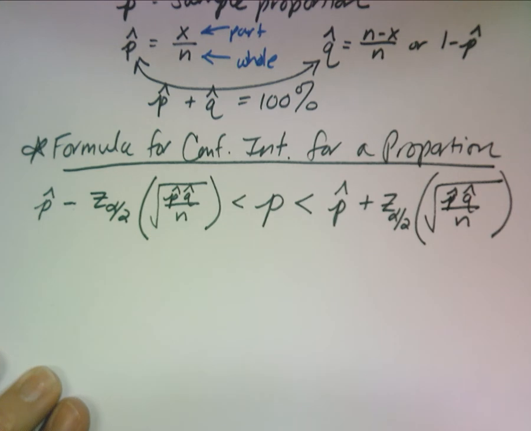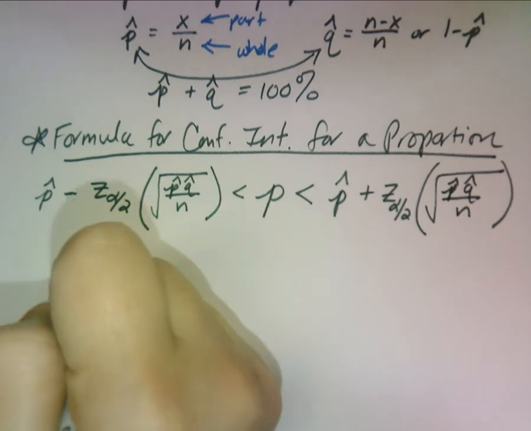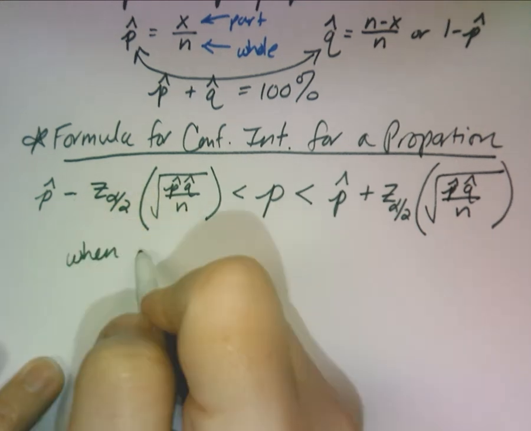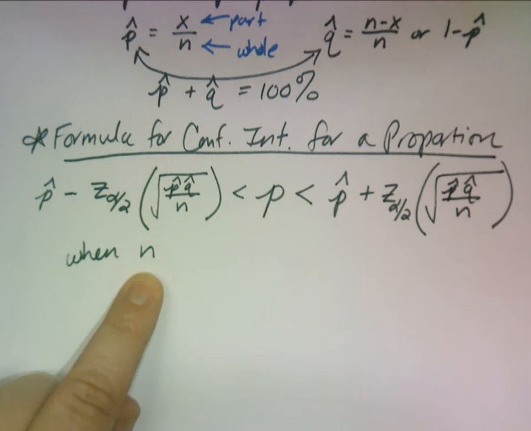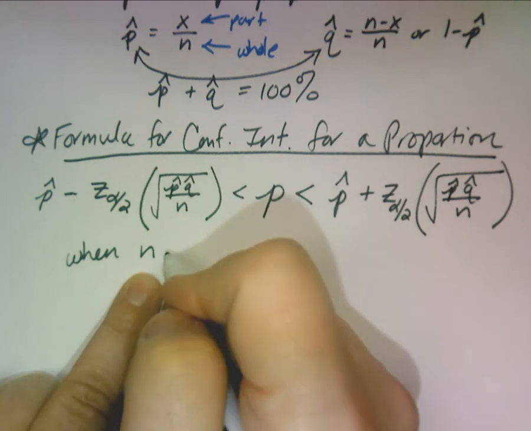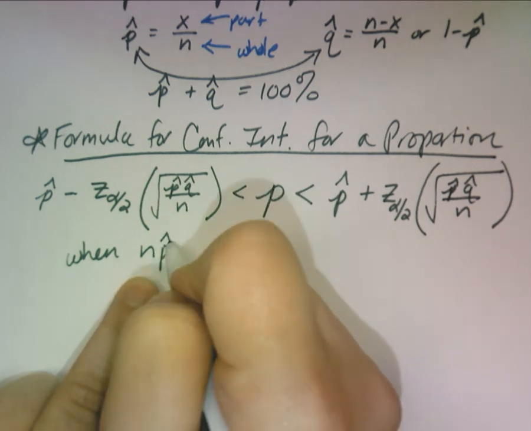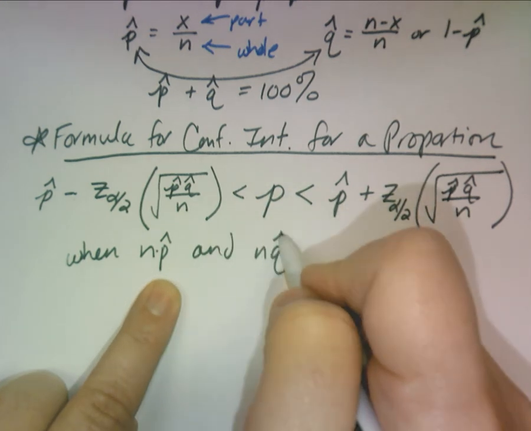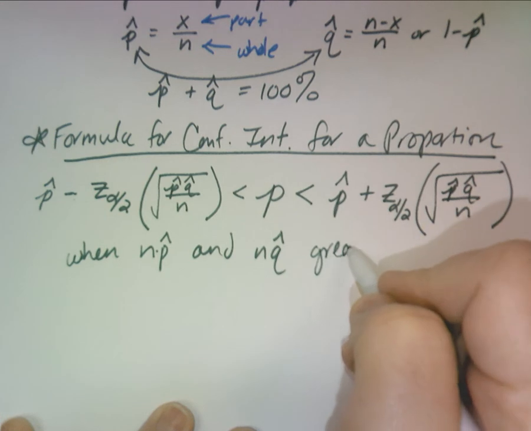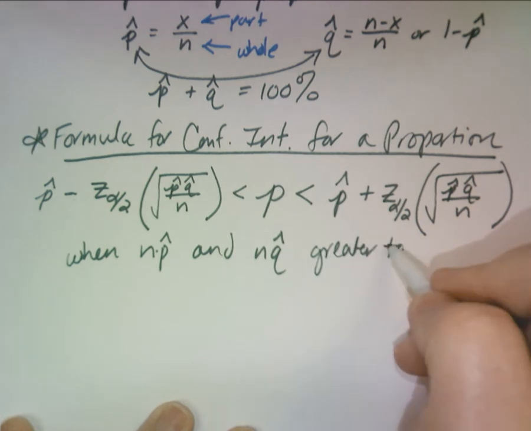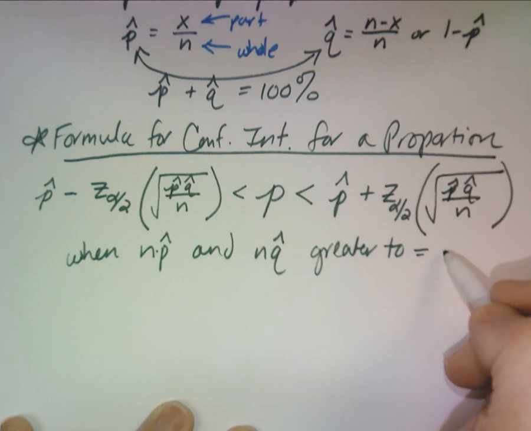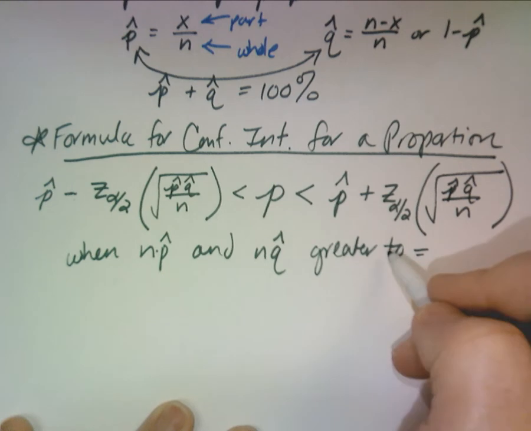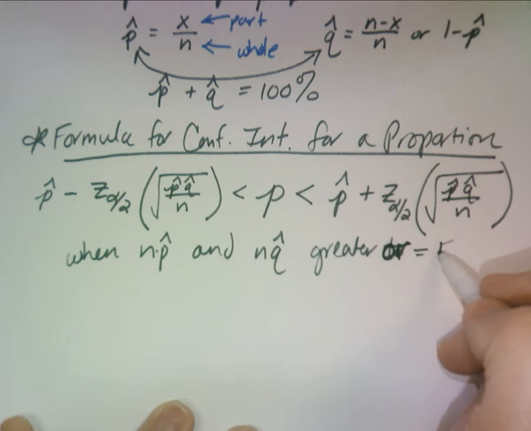Exactly. Okay. Now, there is one stipulation about this. They add this onto it: N, the amount of people in your sample, times P hat, and N times Q hat have to be greater than or equal to 5.